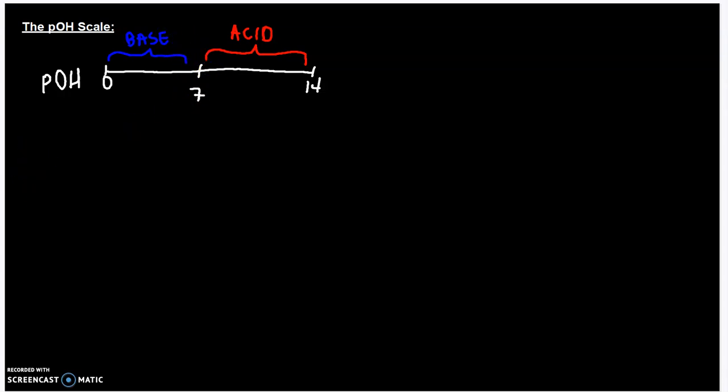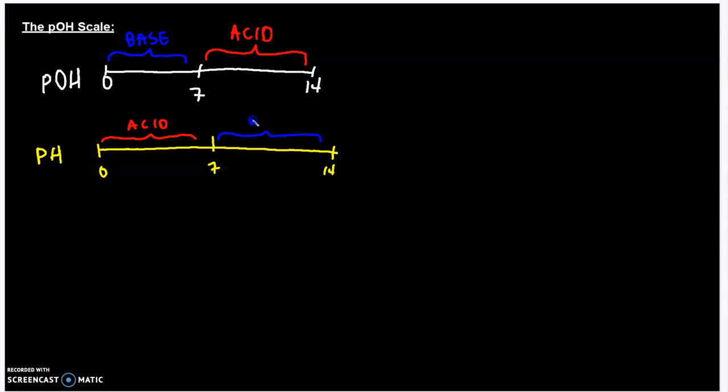Recall the pH scale. I'm going to do it in yellow. So here we have pH, our friend, and the scale, which also goes from 0 to 14, with 7 right in the middle. And we said from 0 to 7, we're going to call this stuff acid, and anything above 7 is going to be a base.